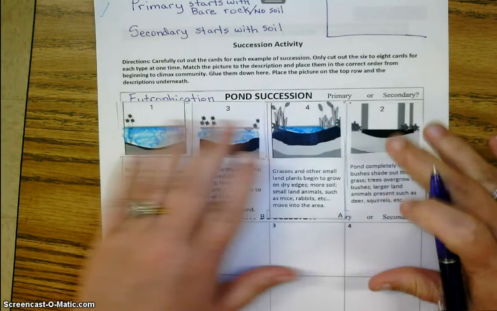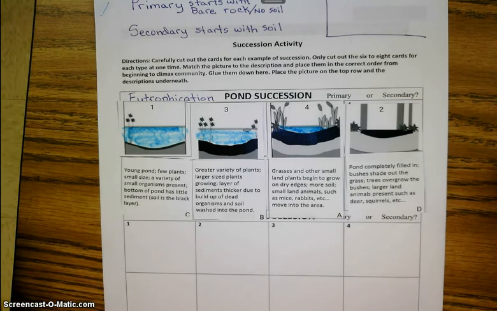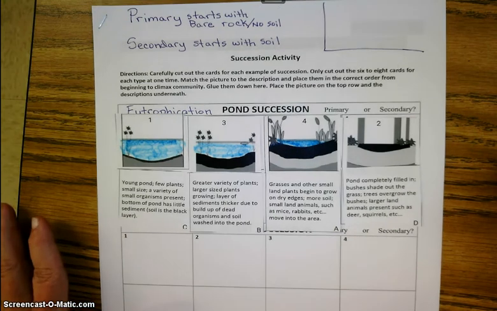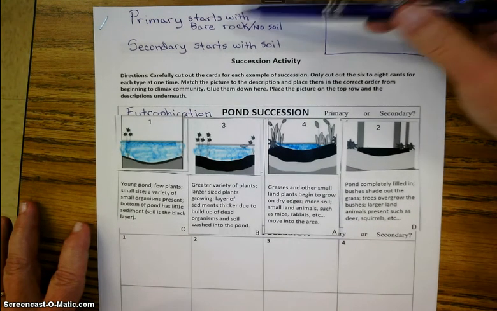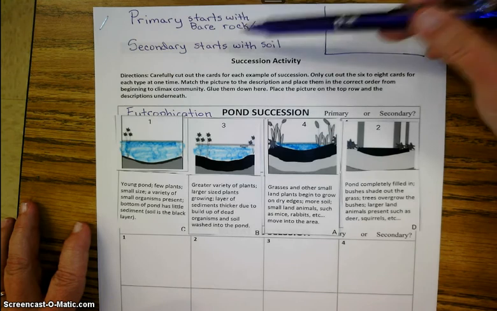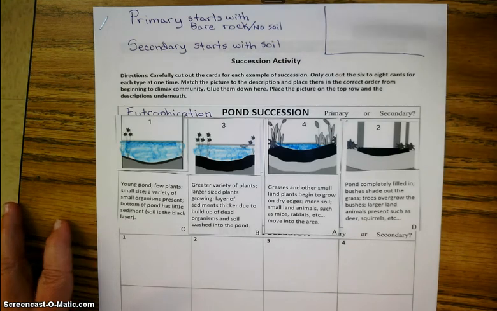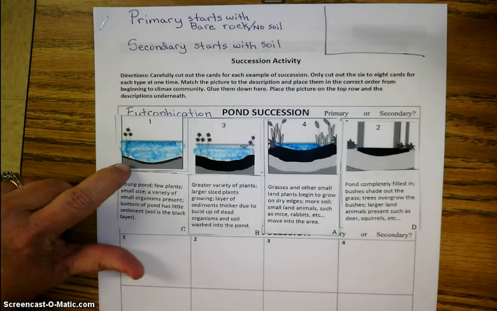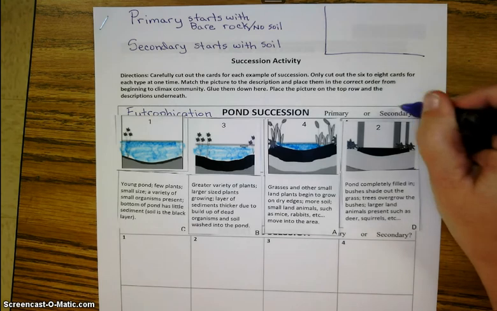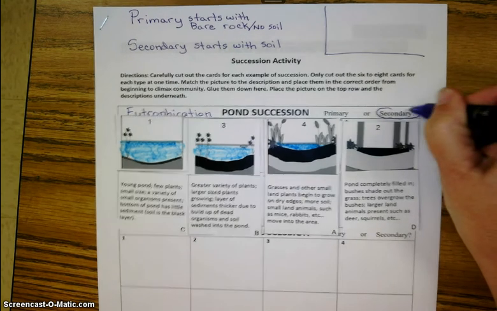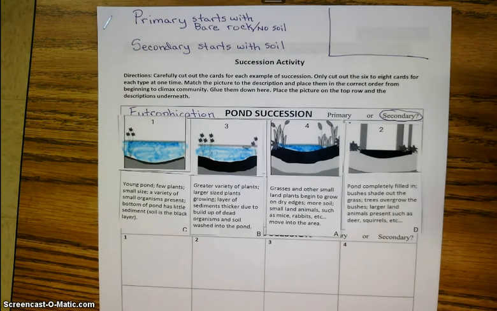Then you're going to decide, is this an example of primary succession or secondary succession? Did we start with bare rock and no soil, or did we start with soil? When we look down here, we had soil. So this is an example of secondary succession. Okay?